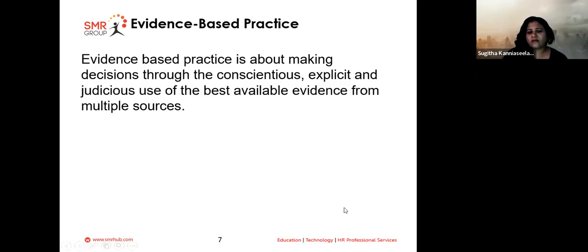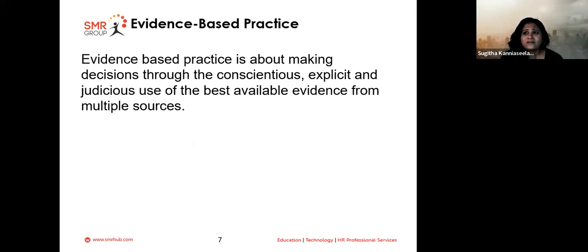When we say evidence-based practice, it is important for us to understand what evidence we have, what sources we should actually get this evidence from, and how we choose to use this best available evidence. We must be very detailed, very thorough.